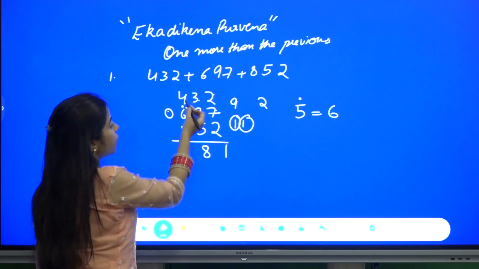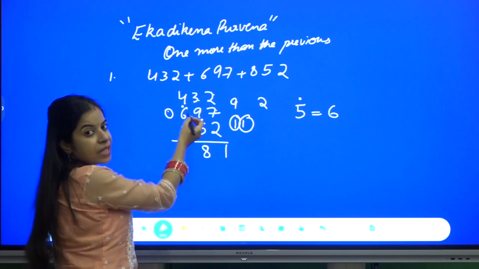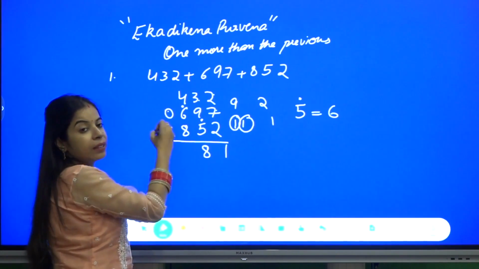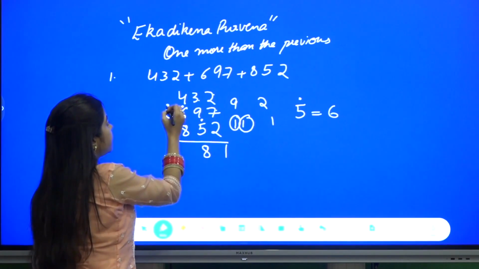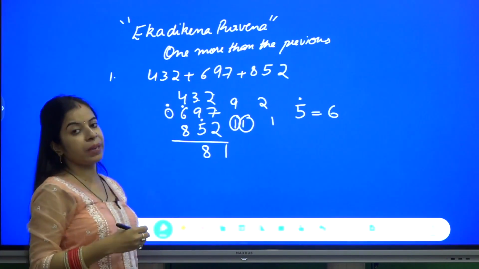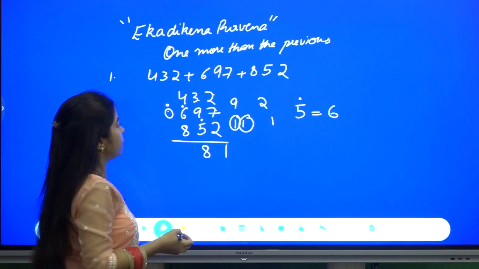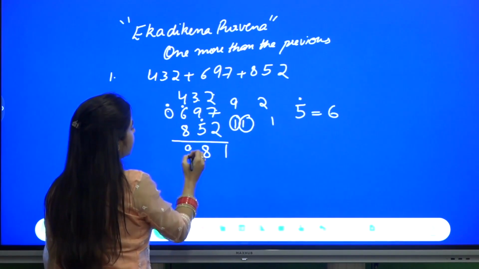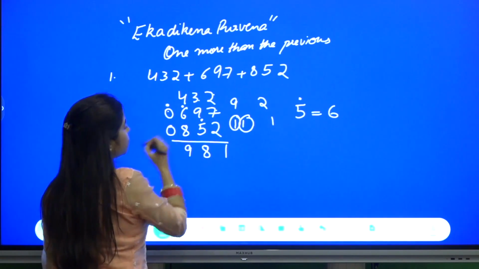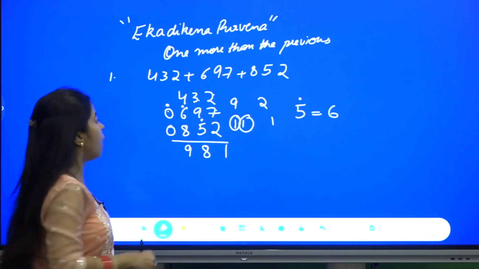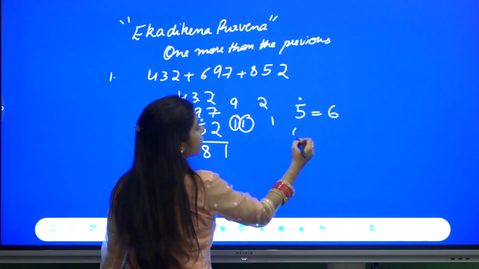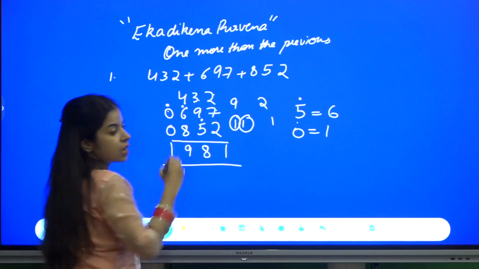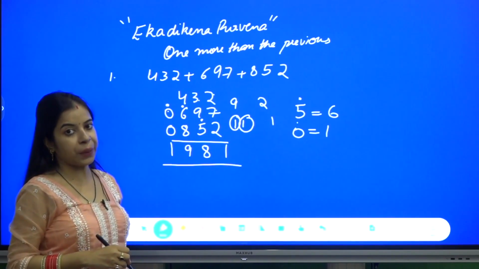And we are going to get 4 plus 7, which is 11. 1 will come here and 1 at the tens place will be treated as a dot and will be placed above 0. So, we are left with 1. 1 plus 8 is 9 and 0 can be written here. Now, 0 dot is 1. So, our final answer is 1981.